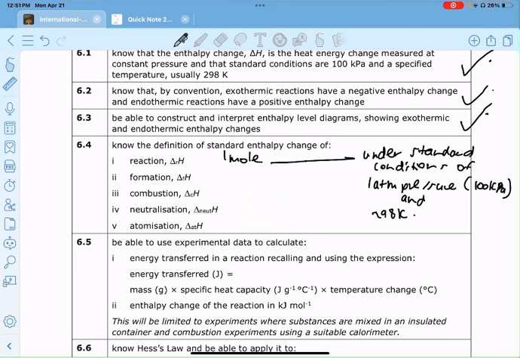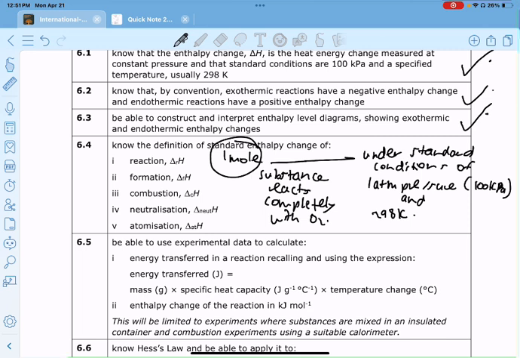For combustion, it is the enthalpy change when 1 mole of a substance is completely reacted with oxygen, okay? So again, 1 mole of a substance reacts completely with oxygen. If you don't want to say reacts completely with oxygen, say it's completely burnt in oxygen, okay? That's for combustion.